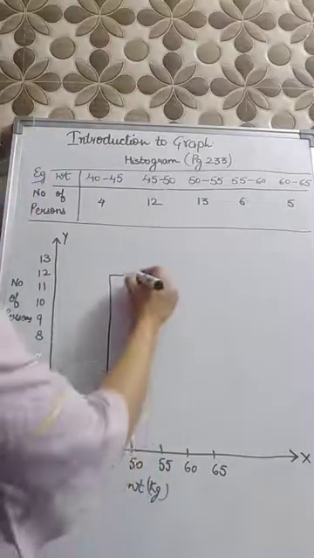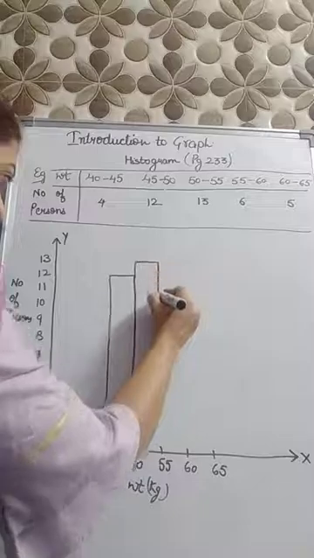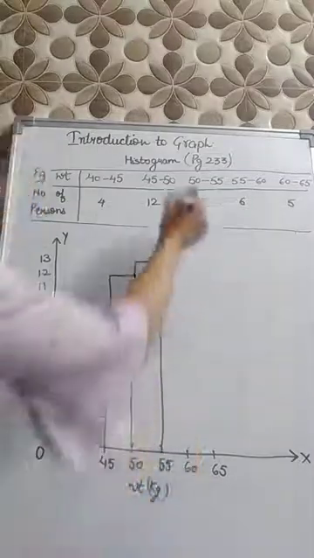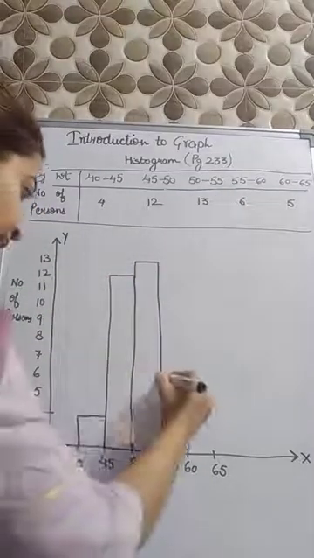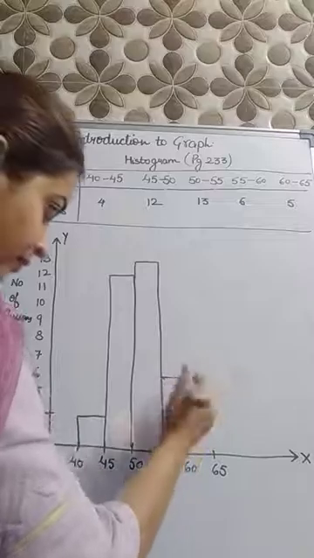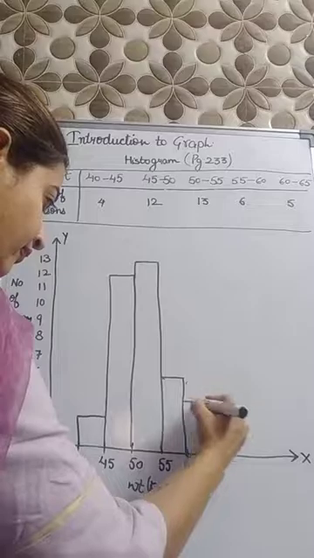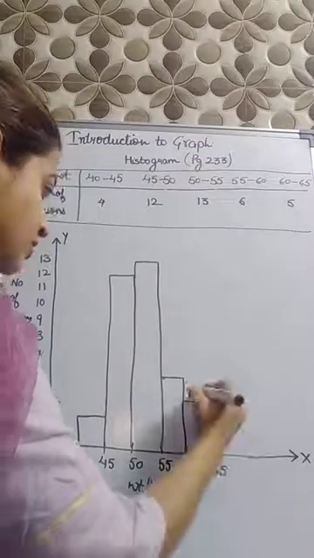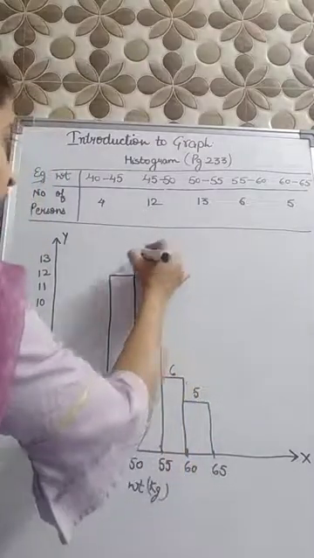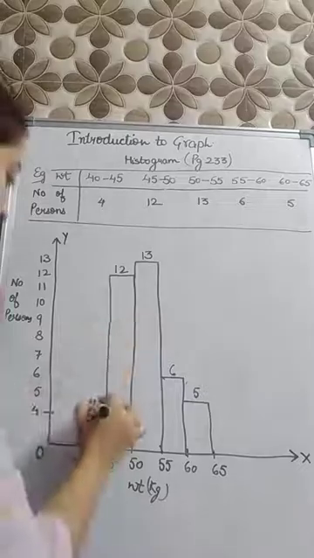Next is your 13. In the next interval you have 13. Next is your 6. Next is 5. This is your 5, 6, 13, 12 and 4.